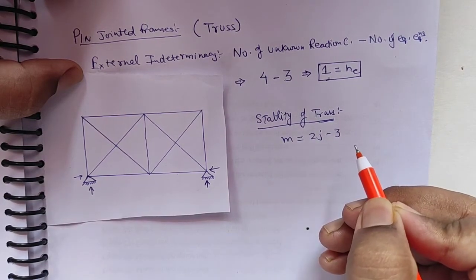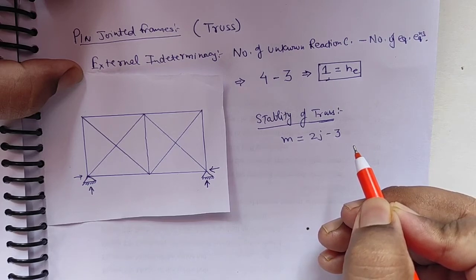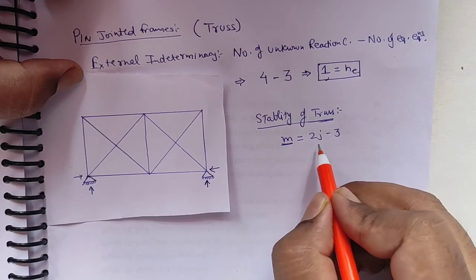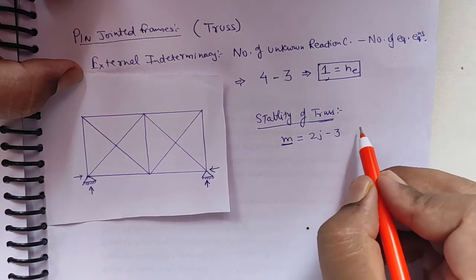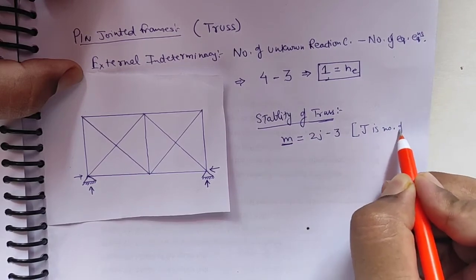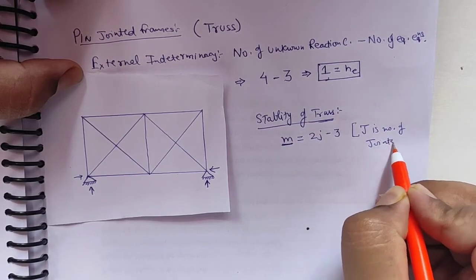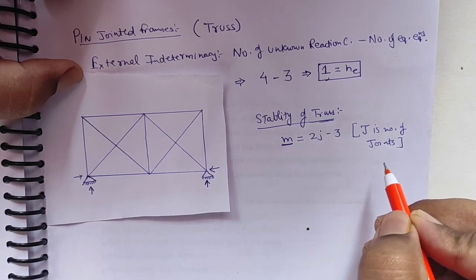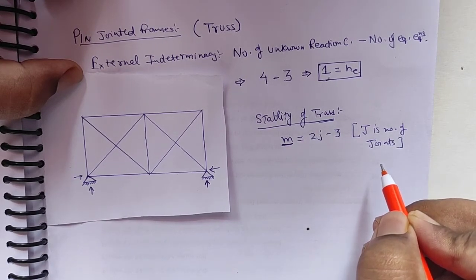m is equal to 2j minus 3, where m is the number of members and j is the number of joints in the truss. This formula gives me the stability of the truss. By this formula, first of all we can evaluate whether the given truss is stable or not.